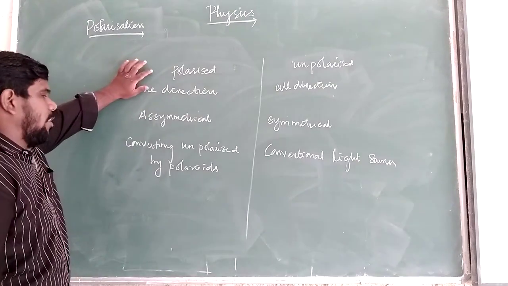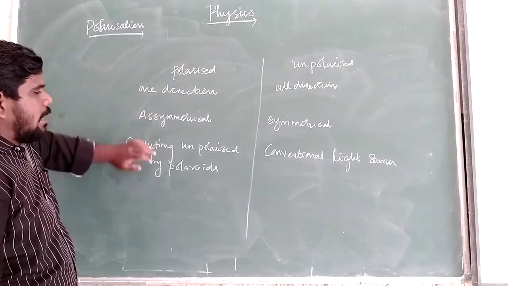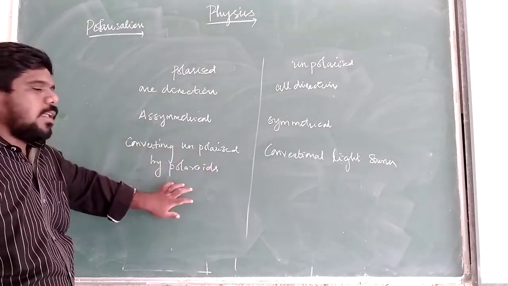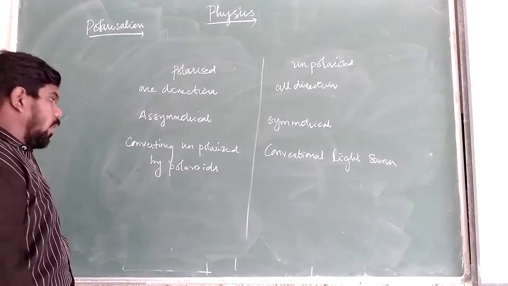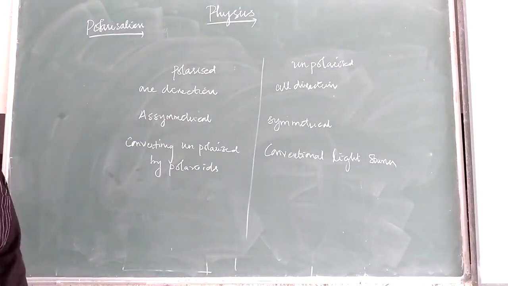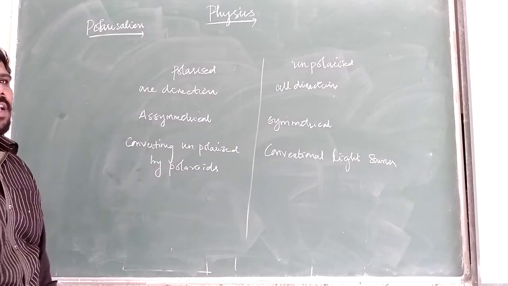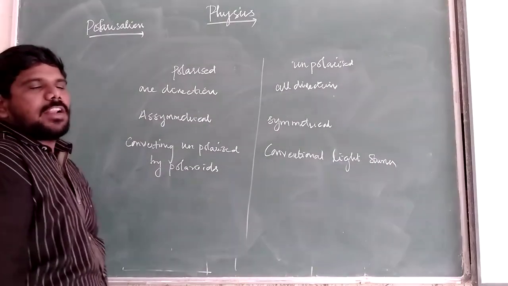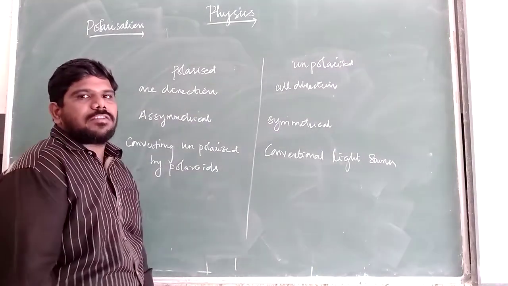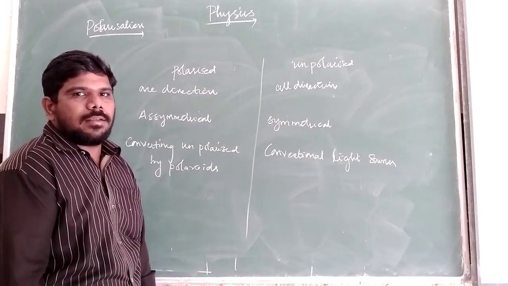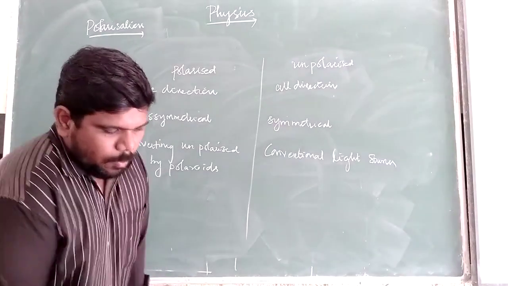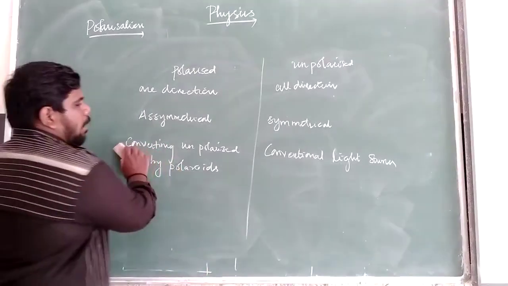Plane polarized light can be obtained by converting unpolarized light by polarization, while unpolarized light is obtained from conventional light sources. Clear?